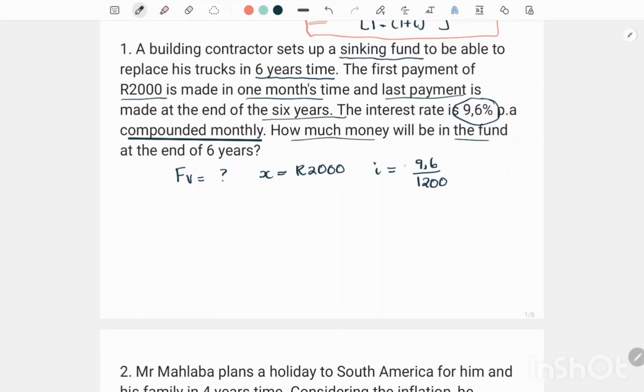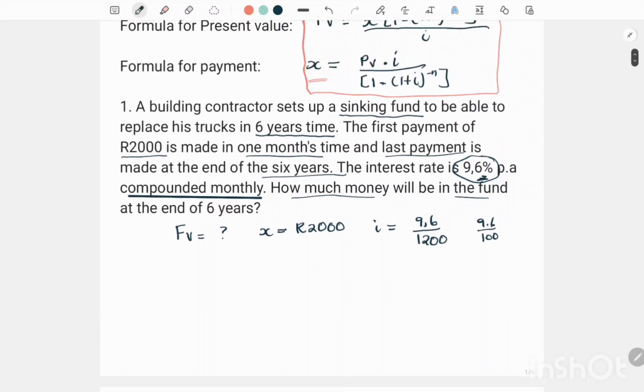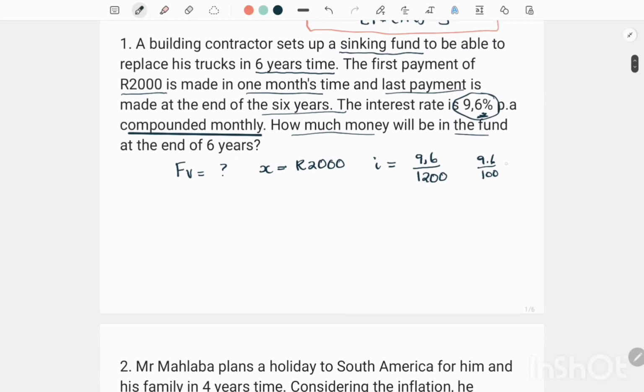Others are asking, how come I wrote 9.6 over 1,200? It's simply 9.6 over 100 because it's a percentage, divided by 12 because it's monthly. Then it's 9.6 over 100 multiplied by, remember it's 12 over 1.